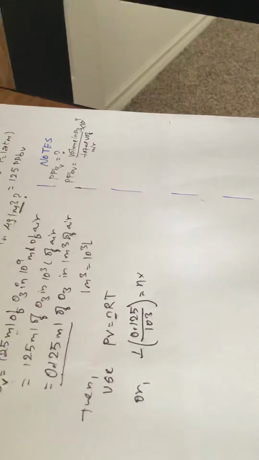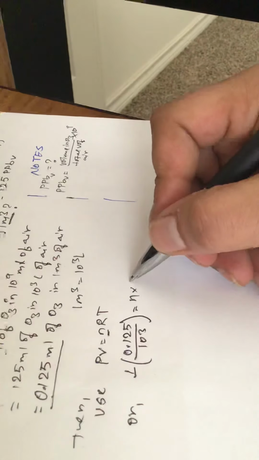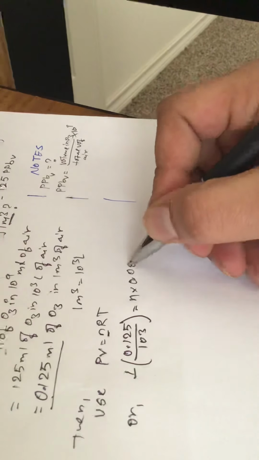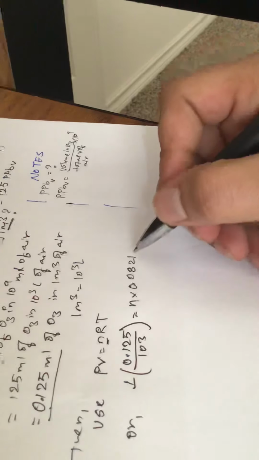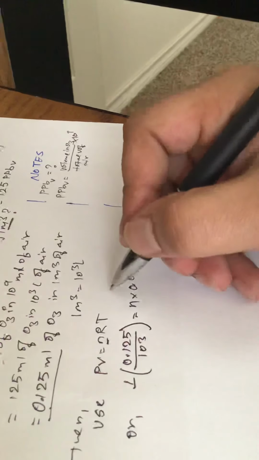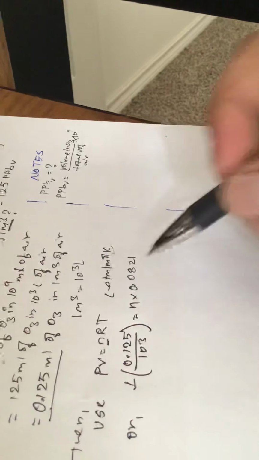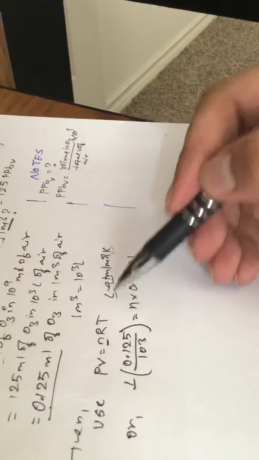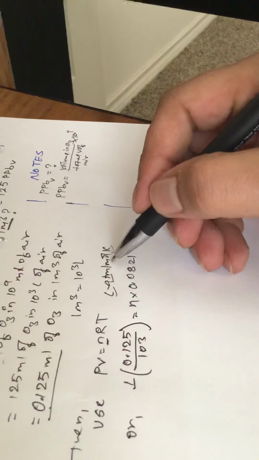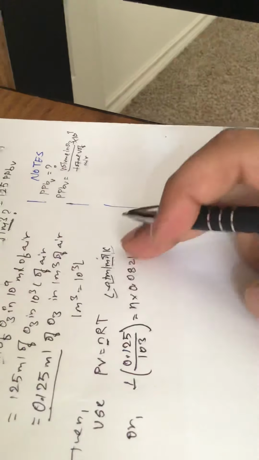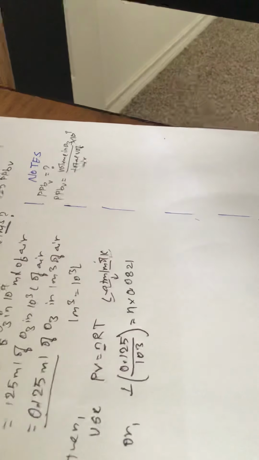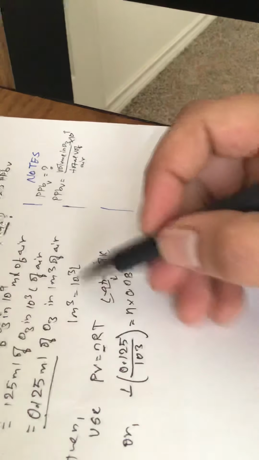There are numerous values of R depending on the units. Here we use 0.0821, in liter atm per mole Kelvin. We have Kelvin, atm and liter given, and we need to find n in moles, so we use this value. Times how much is the temperature?